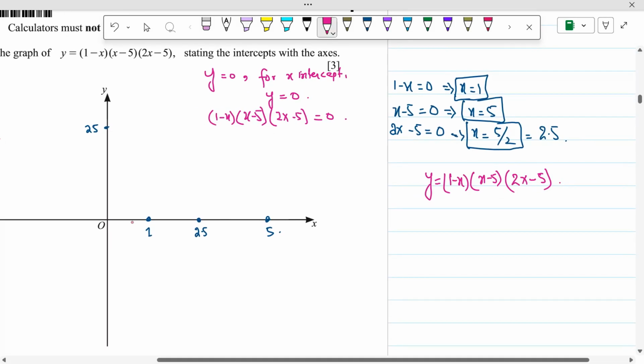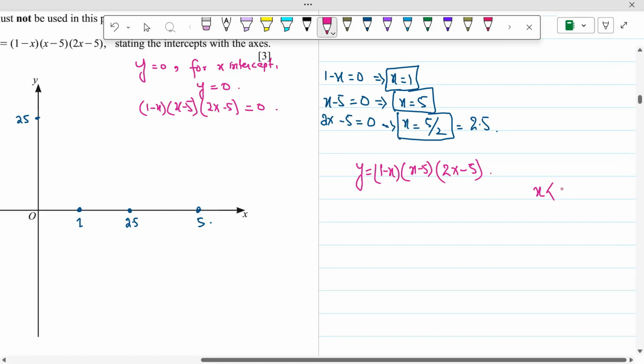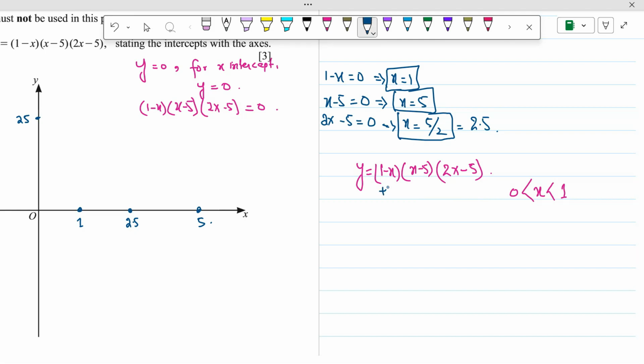When x is between 0 and 1, that is, x is less than 1 and greater than 0, 1 minus x will be positive. x minus 5 will be negative because 5 is greater than this range. 2x minus 5 will also be negative. So for the range 0 to 1, y is positive.